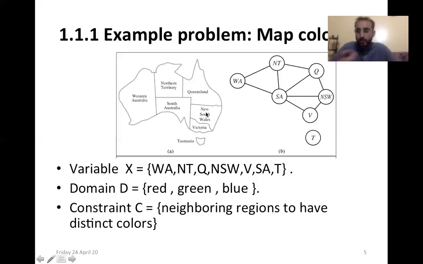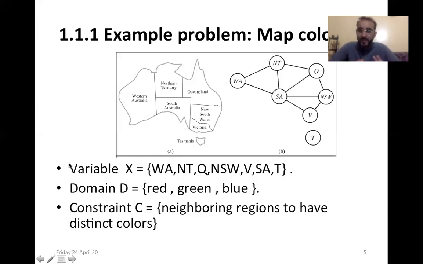The constraint is that neighbors must have different colors. It is written here, neighboring regions to have distinct colors, which means neighbors must have different colors. So this is our constraints, and this is our first step of factorization.